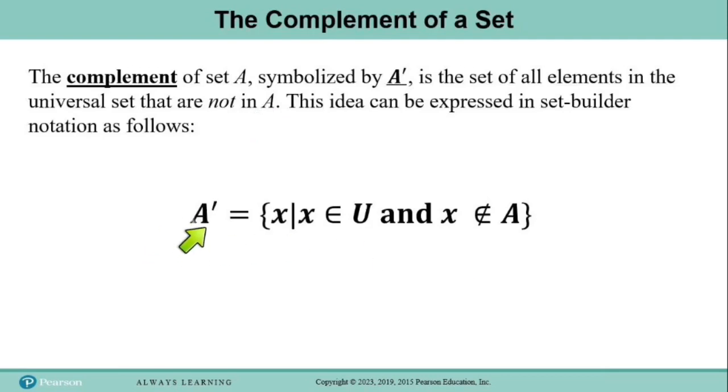A prime, or the complement of A, is the set of all elements X such that X is an element of the universal set and X is not an element of A. So basically everything else. Set A contains some elements. The complement of A contains everything else from the universal set that was not in set A.